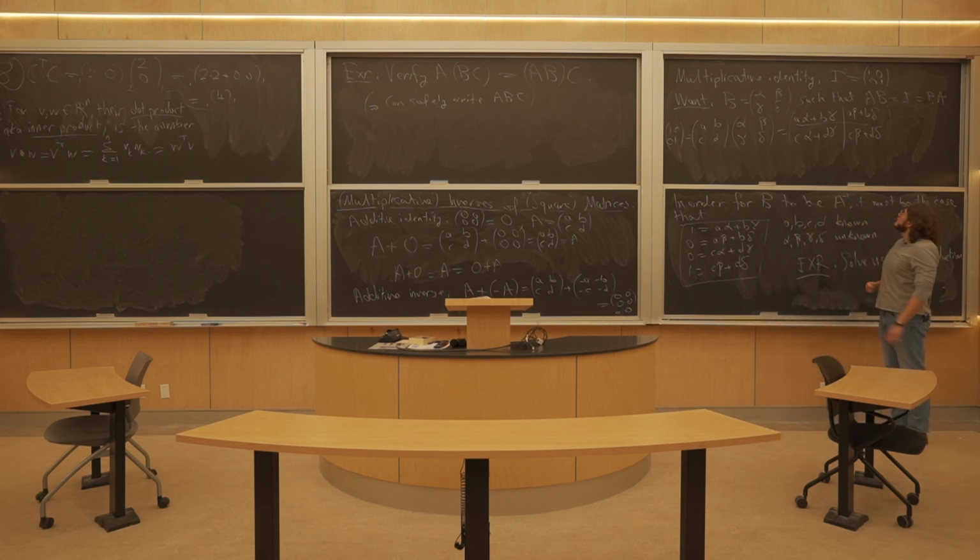Let's note this, okay? Here I have the product matrix, A times B. And I note that its first column is A applied to the first column of B. Right? The first column of B is alpha, gamma.